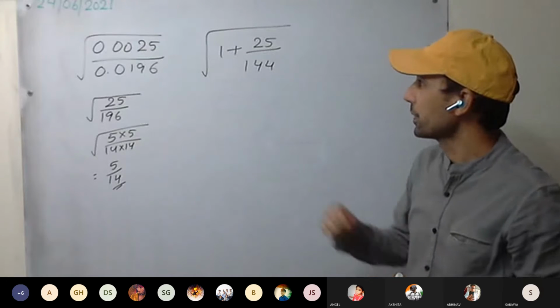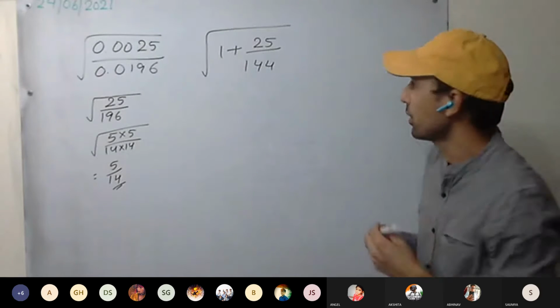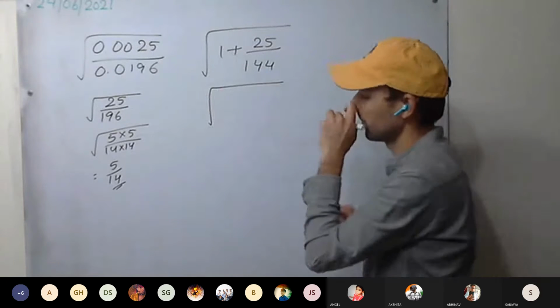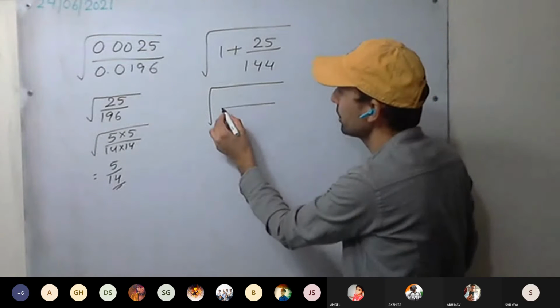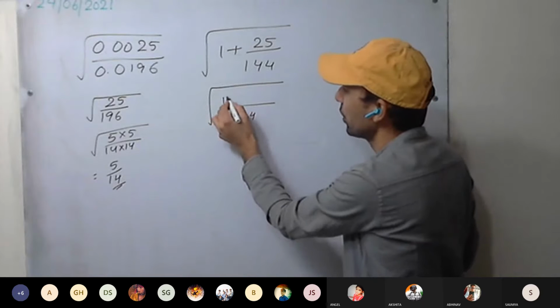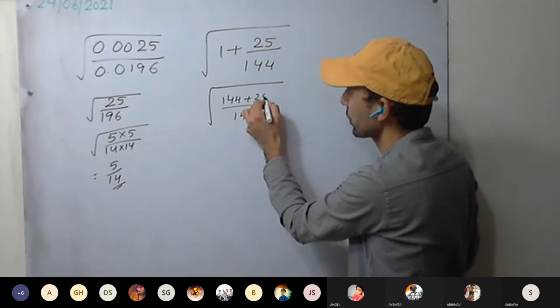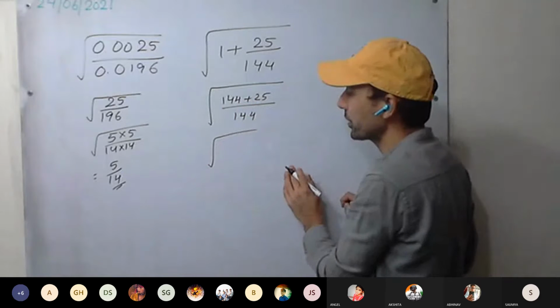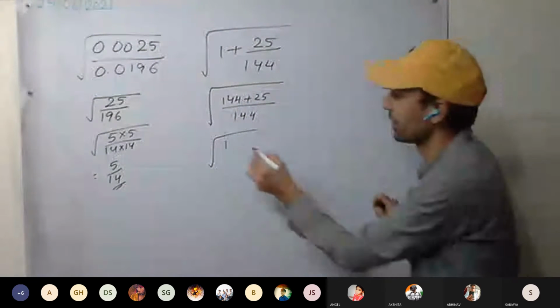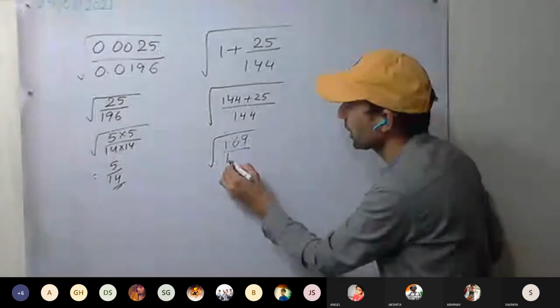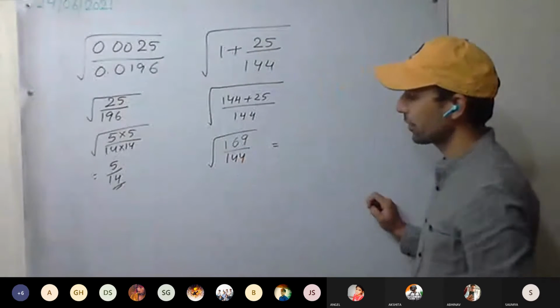Take the LCM and add them. 144 will be the LCM. 144 plus 25 is 169, so we get 169 divided by 144.